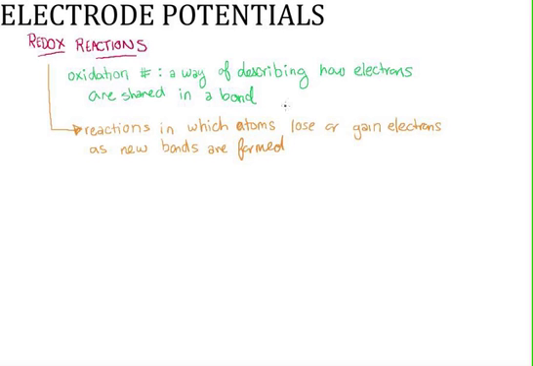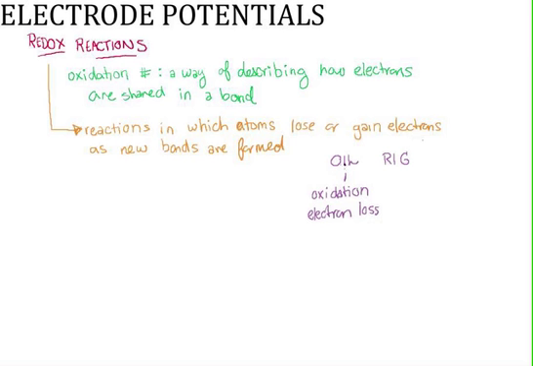So we've used a couple of different mnemonic devices. Today I'm going to use one called OIL RIG as a way of keeping our terminology straight. We say that oxidation is electron loss, is losing an electron, right?